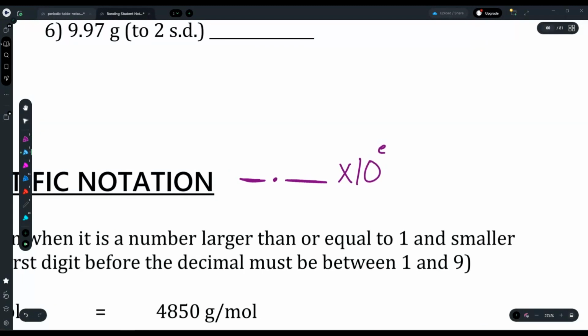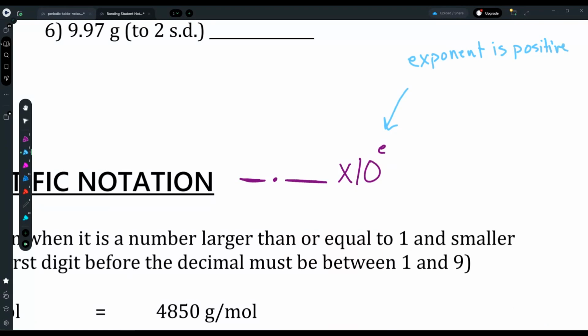Now with this exponent, there's a couple of things we need to know. So the exponent will be positive if your original number is bigger than 1.